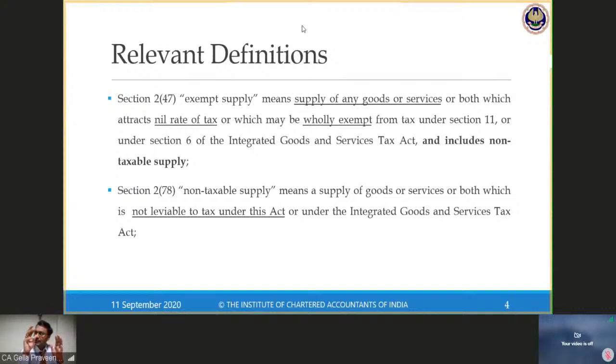12% is the rate of tax if service provider would like to enjoy input tax credit. Now here, if the option of service provider is not to register, not to enjoy input tax credit, then the rate of tax is 5%. Then my notification 13 of 2017 clearly says that if the transporter is not in a position to take input tax credit, the levy is on reverse charge mechanism.